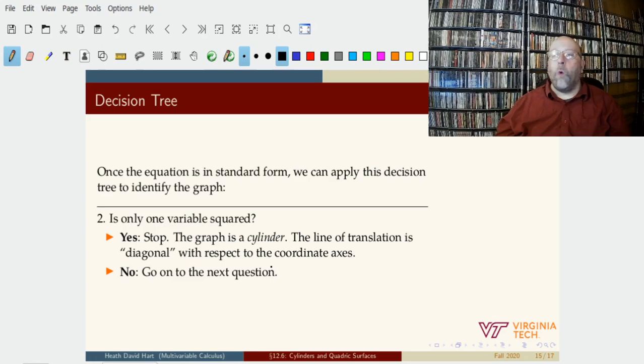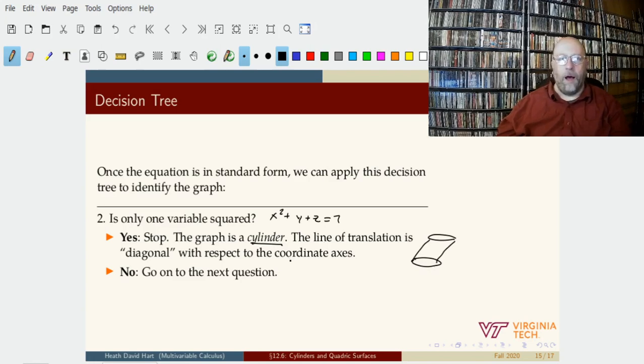Is only one of the 3 variables squared? For example, all 3 variables are present, but we only have one squared variable. If the answer is yes, the graph is still a cylinder, but it's a diagonal cylinder. Kind of like this. And I'm going to go ahead and tell you we're not going to cover diagonal cylinders in this class.